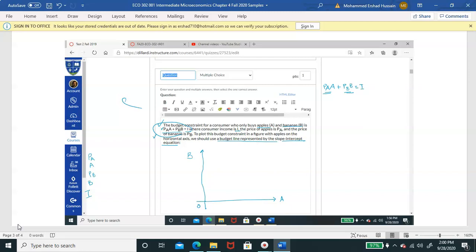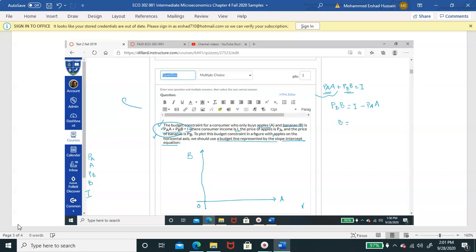And now to plot it in a graph in this slope intercept format, what are we going to do? We are going to simplify. We keep price of bananas times B here, and take everything else, I minus PA times A, to the right hand side.